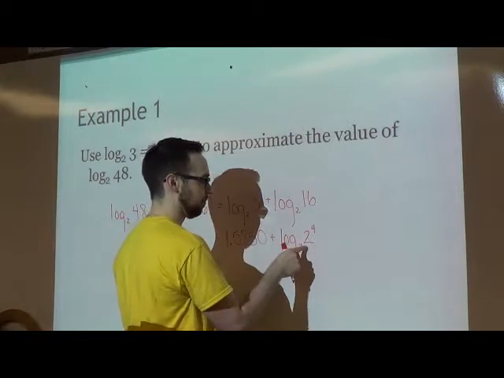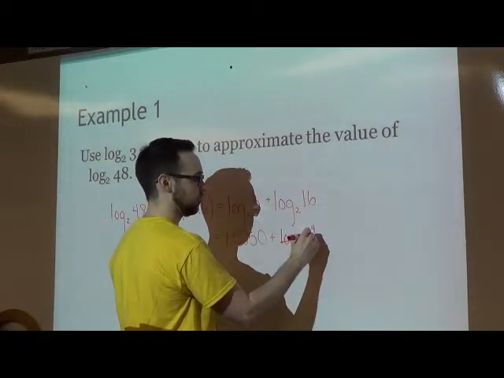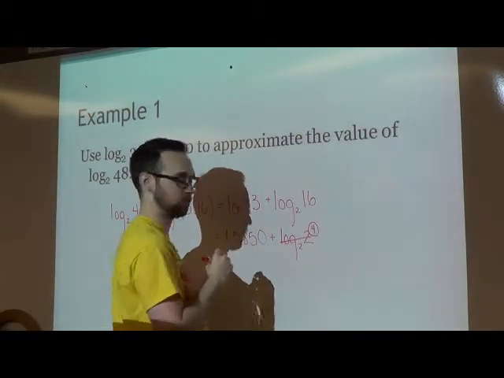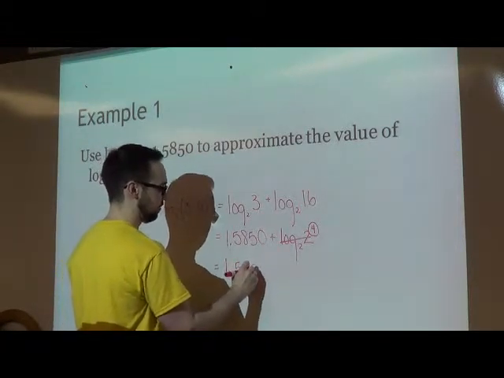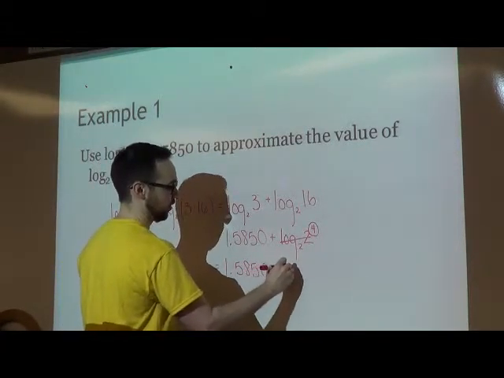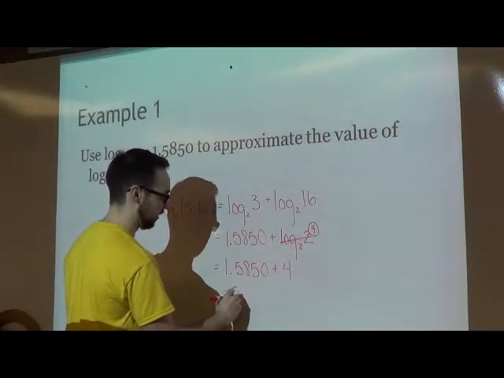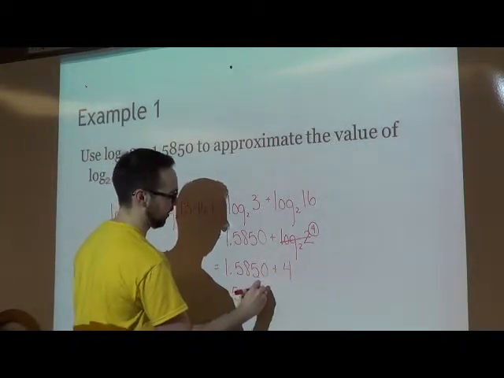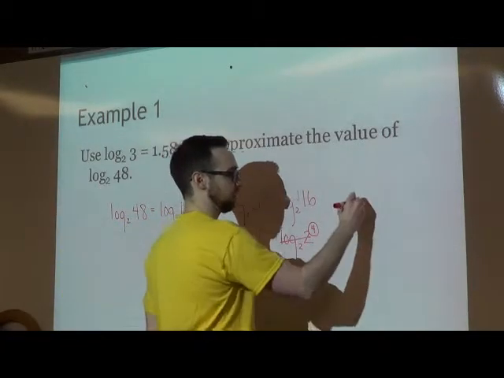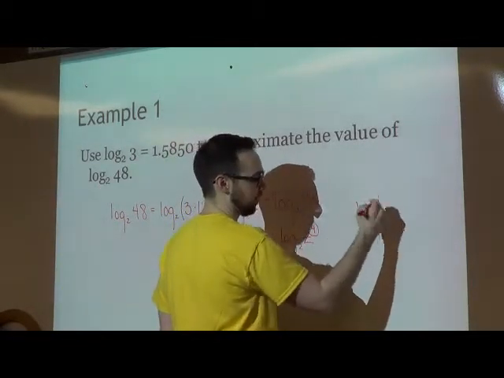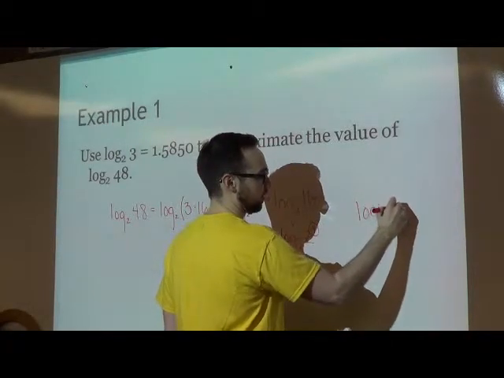If these are the same, they're going to cancel and you're just going to be left with this one. So this becomes 1.5850 plus 4. So my final answer is 5.5850.